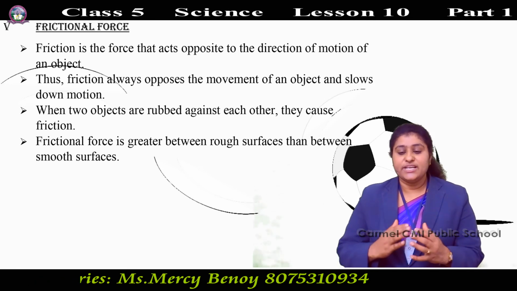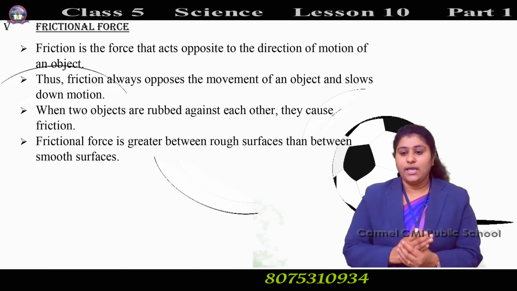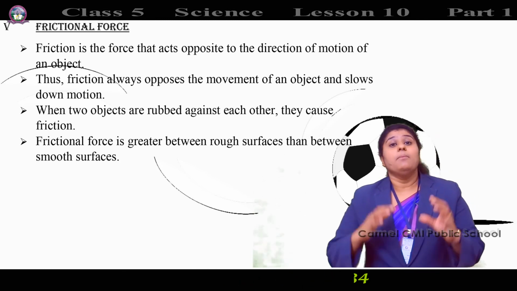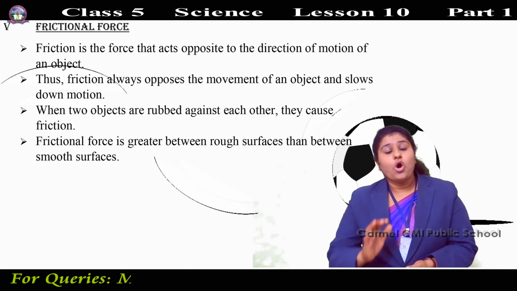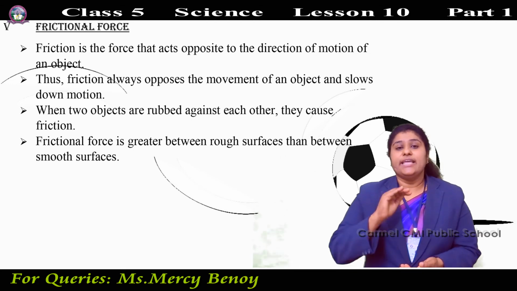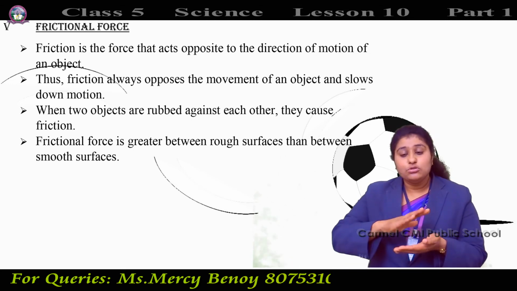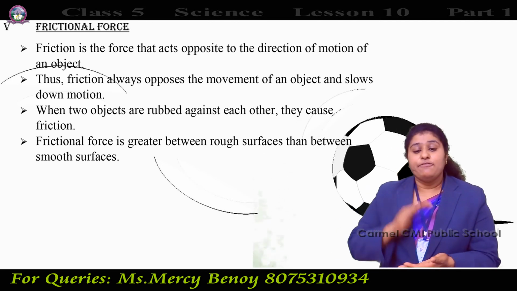If any object is moving, the friction always acts opposite, and it slows down the motion. When two objects are rubbed against each other, they cause friction.